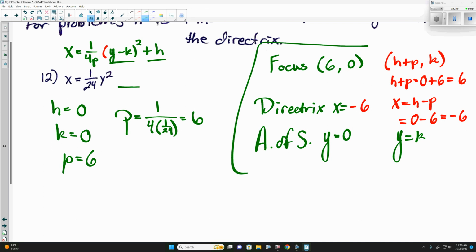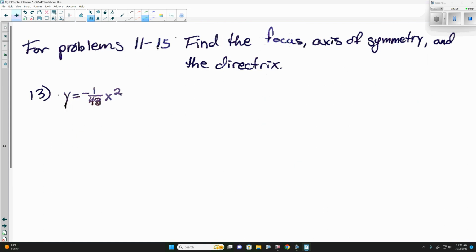In our case, the k value is 0, so we get the equation y equals 0. Questions on any of this here? Yes. Any other questions on these here?